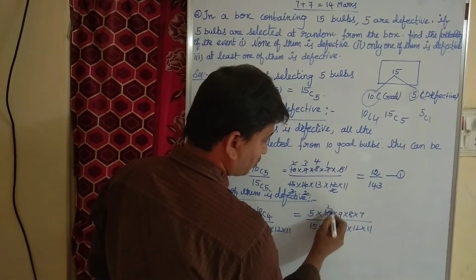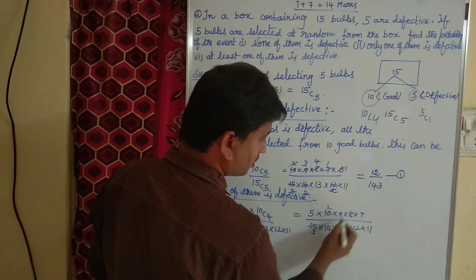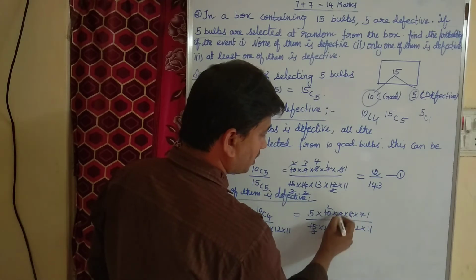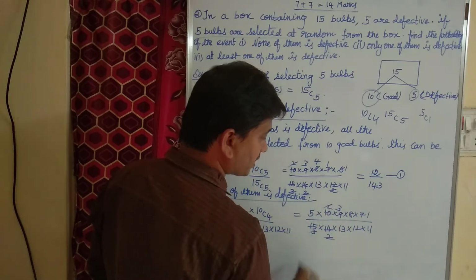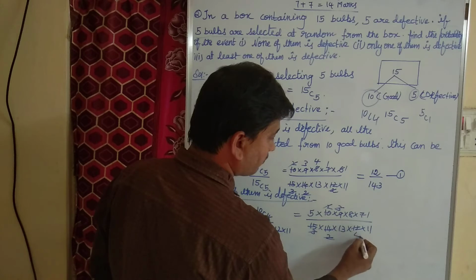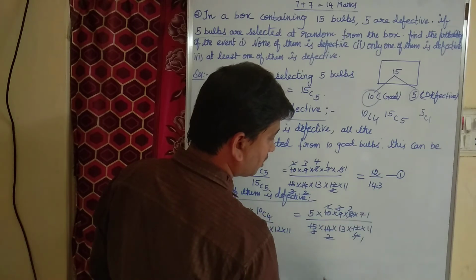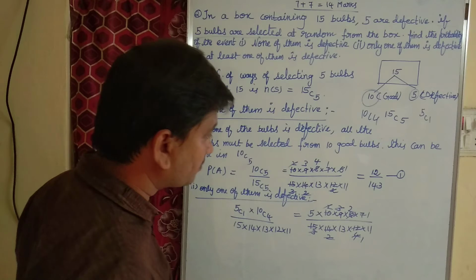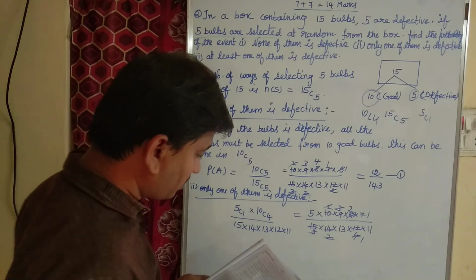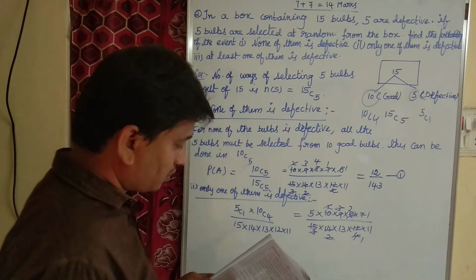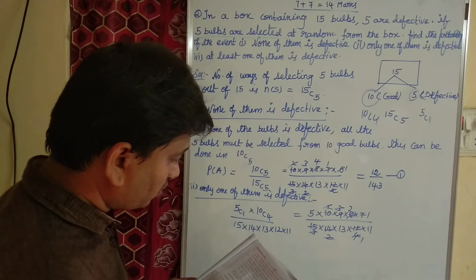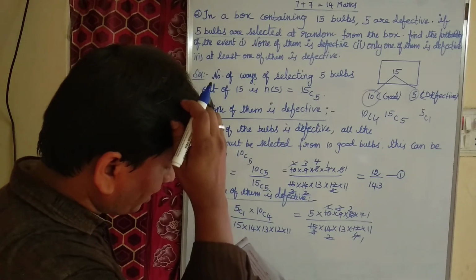So 5 2s are 10, 5 3s are 15, 7 1s are 7, 7 2s are 14, 3 1s are 3, 3 3s are 9, 2 gets cancelled, 3 1s are 3, 3 4s are 12, 4 1s are 4, 4 2s are 8. So is anything left over here? No. 5 2s are 10, 10 into 7 is 70.